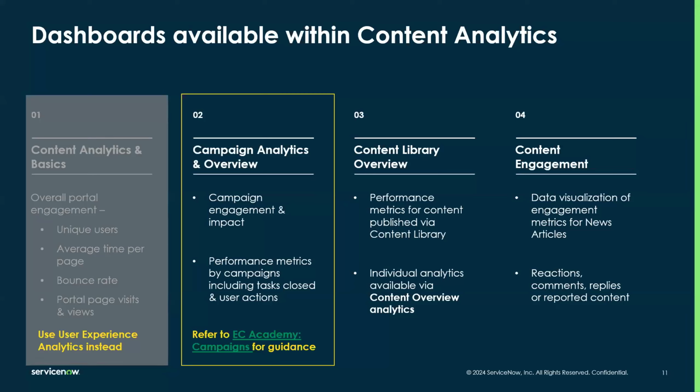So that's what brought us to build number 3 and number 4. These are what we will focus on, and this is essentially for content that is outside the campaigns. So anything that is part of the content library is covered in these dashboards, right?